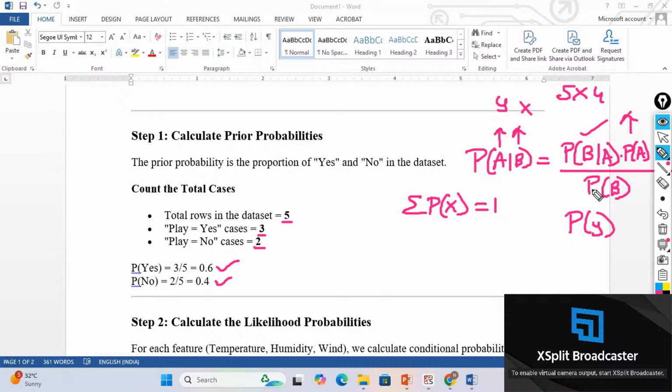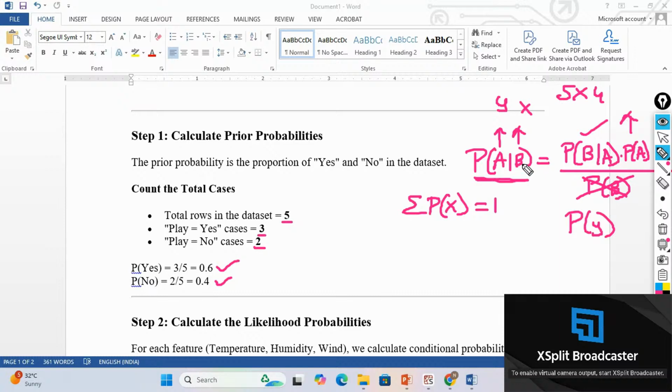No. The reason is P of B will be constant for all the records. Since this is constant, your output will be dependent only on the numerator, not on the denominator. So that is the reason we eliminate P of B from the formula. Since it's a constant, it will not affect the result.